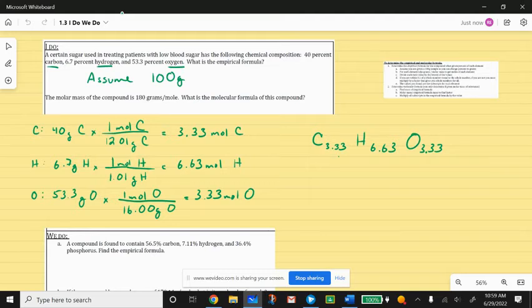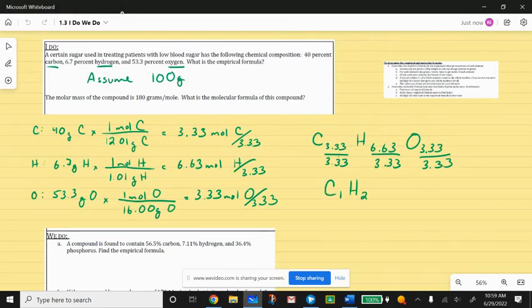If we divide everything by the smallest number of moles, we're at least making one of these 1. So 3.33 divided by 3.33, and so on. And that gives us C1H2O1.